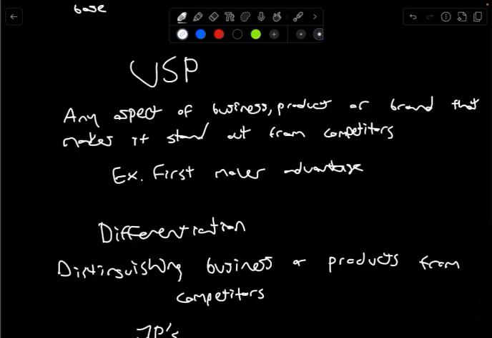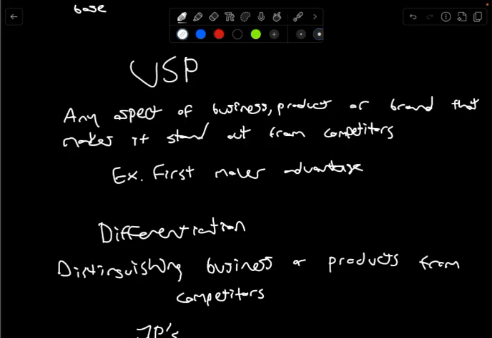So many companies, many products have unique selling points, which are, for example, maybe a low price or doing something the best in the market. I know, for example, Apple is known for their best security in iPhones.